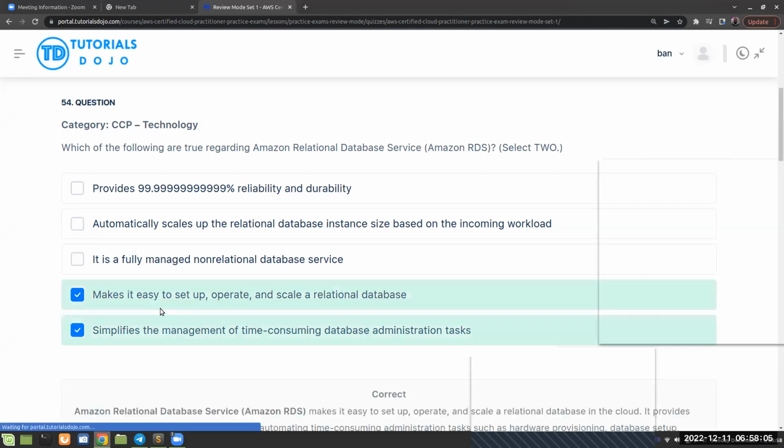It makes it easy to set up, operate, and scale a relational database. It simplifies the management of time-consuming database administration tasks. So when you are using a relational database, those are the advantages you get. It will not automatically scale up a relational database instance size. That doesn't happen.